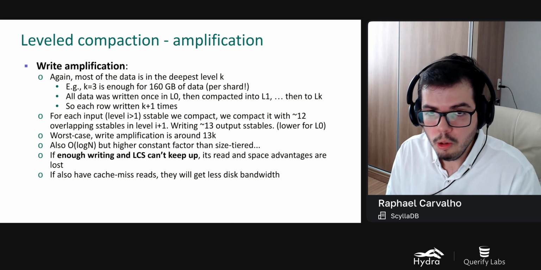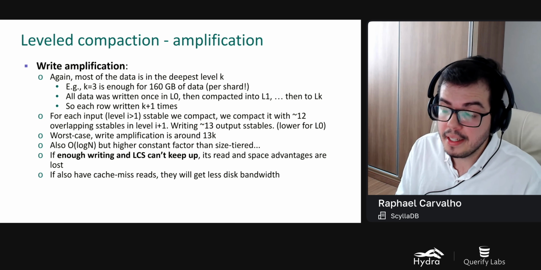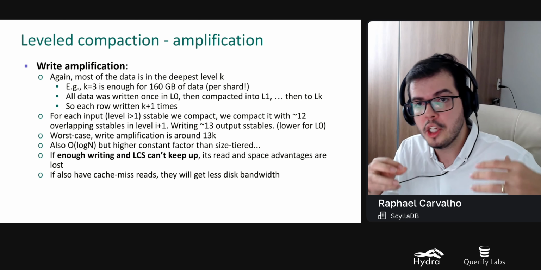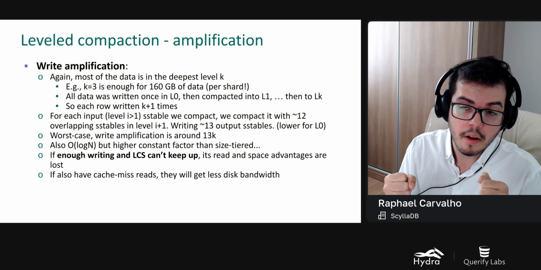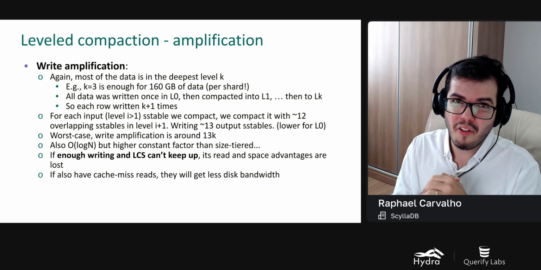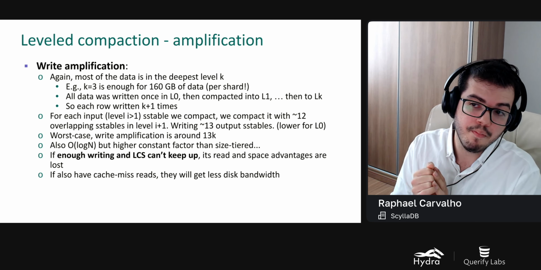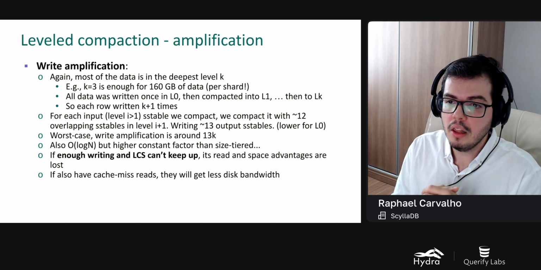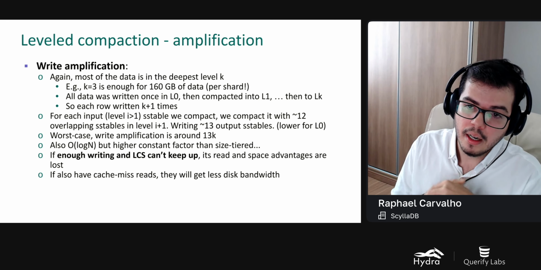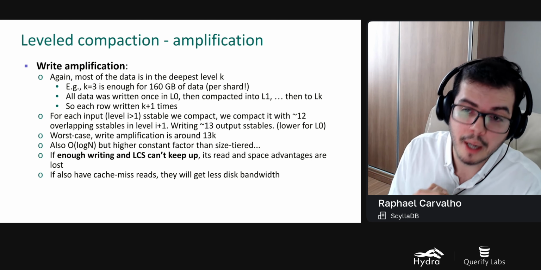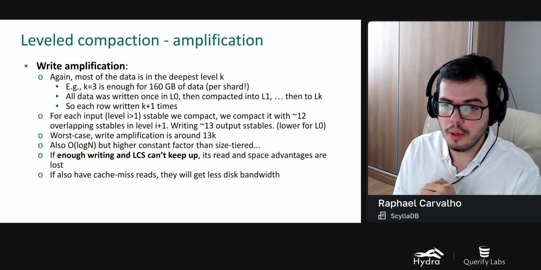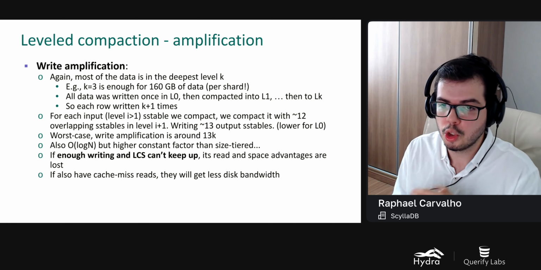And for this workload, the data being updated is going to sit on the smaller levels, which allows the write amplification to be reduced. But for the worst case, if you have enough write load, then the LCS leveled policy could not keep up with the write rate, so the read and space advantages would be lost.